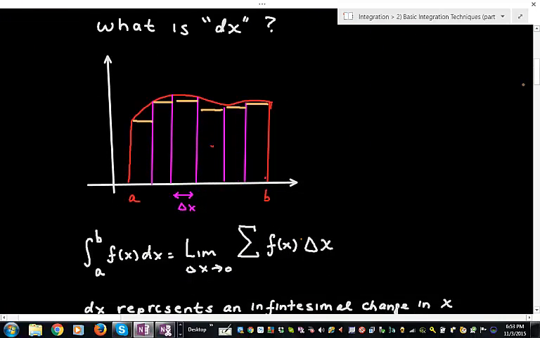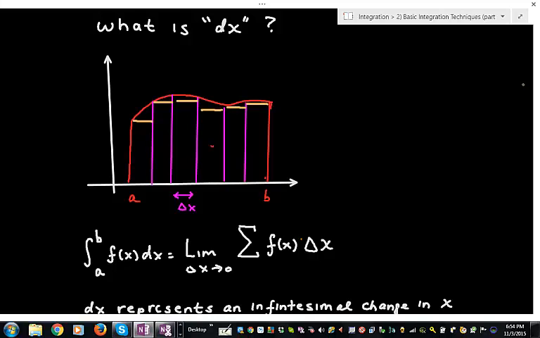So if we think about how we define the integral, we said, okay, if we want to look at the definite integral from a to b of f, well, we divide that interval up into subintervals of length capital delta x. We sum up the area of the rectangles under that curve.